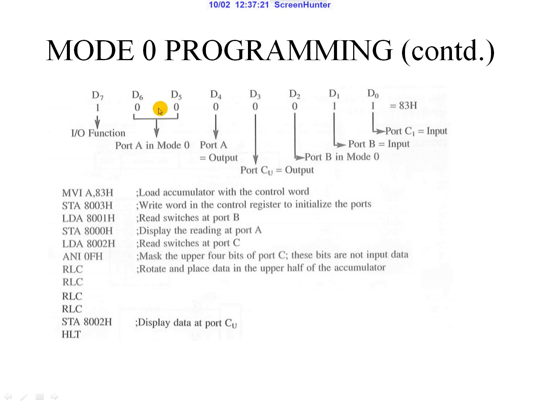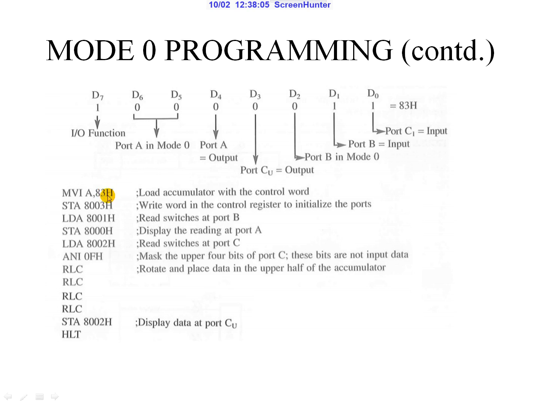Since we are going to use this port for mode 0, we will choose 0 0, and port A output is going to be used, so D4 is set as 0, and port C's upper bit is used as output, so we choose 0, and port B in mode 0 is used, so it is 0, and D1 is going to be 1, since port B is used as an input, and port C lower bit is used as an input.